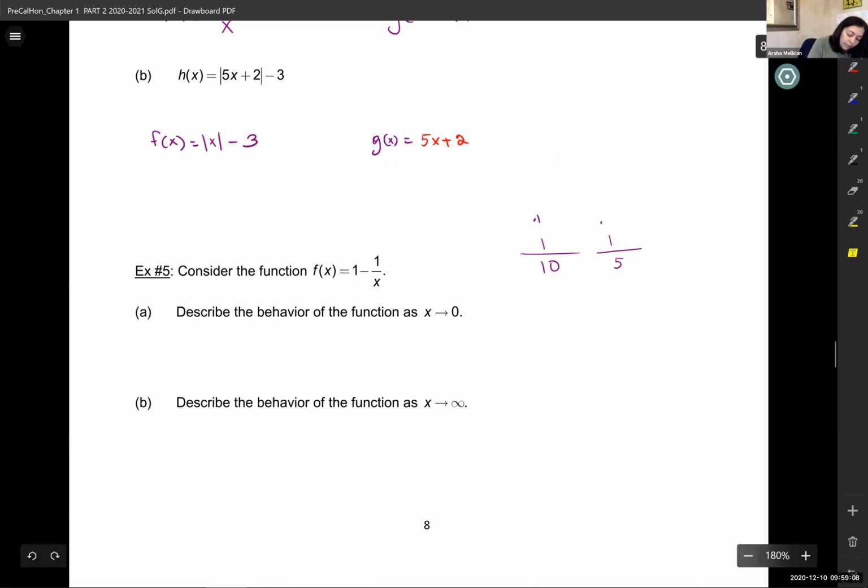Let me make it even smaller so it's easier for us. Instead of a 10, I have a denominator of 1. Now I have 1/1. What's the whole fraction? 1, right?